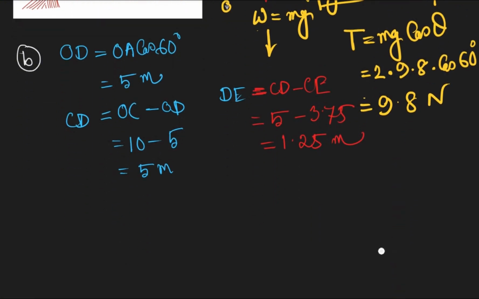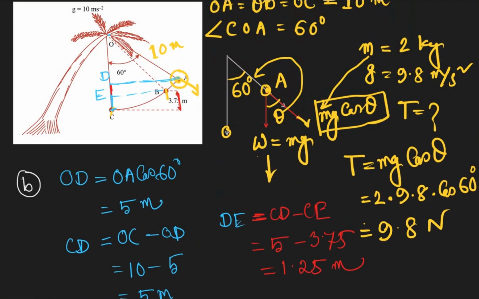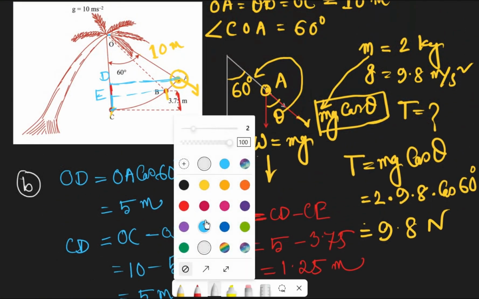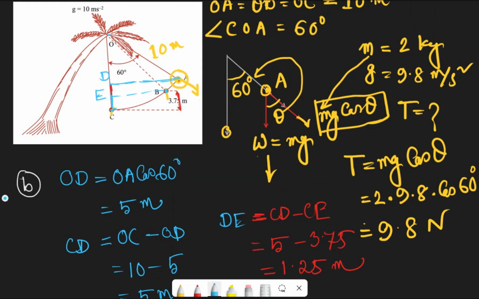Now the kinetic energy at point B: EKB equals half mv square. To determine the value of VB, VA equals 0 meter per second.